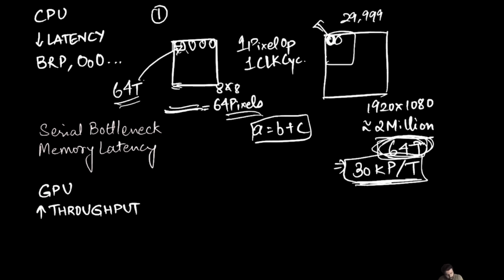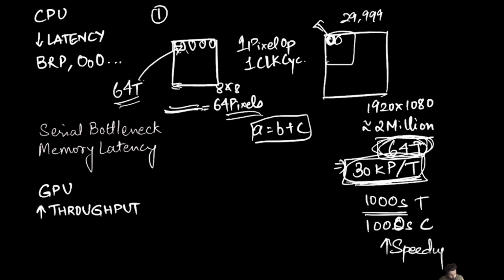GPUs today have thousands of threads across their thousands of cores, right? This reduces the number of pixels it has to handle per thread, and this is a huge speedup. This is the reason why we prefer having a GPU handle this type of graphics workload.